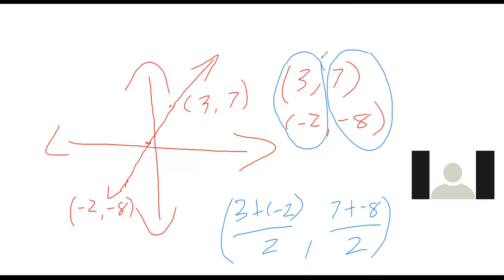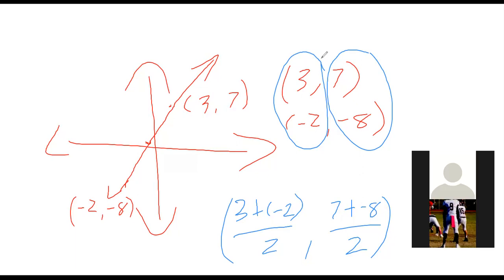So what would 3 plus -2 be? It would be 1. Right, 3 plus -2 is the same thing as saying 3 minus 2. So we can say this is 1/2. I guess we could put it as a decimal as well, 0.5, but I'd rather keep it as a fraction.